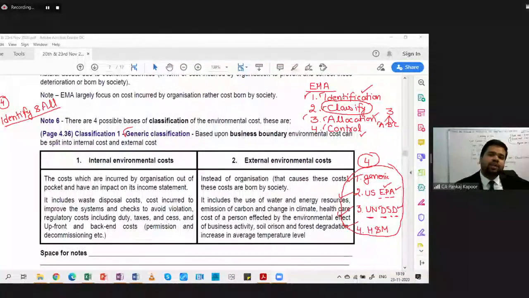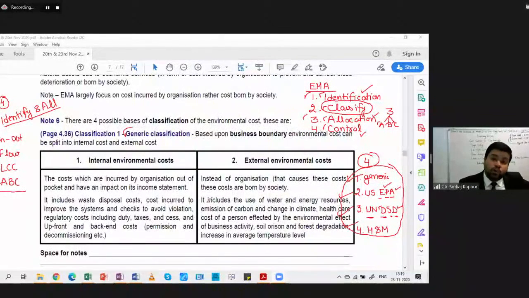They say when we identify, at the same time we will allocate, and they provide 4 techniques. What are those techniques? Input output method, then material flow method, then life cycle costing method, and last but not the least, ABC method.